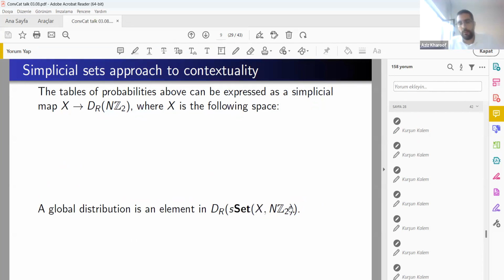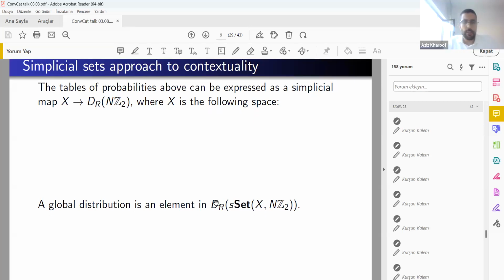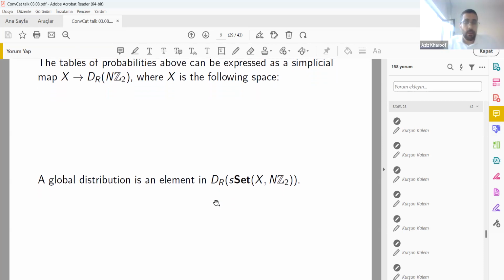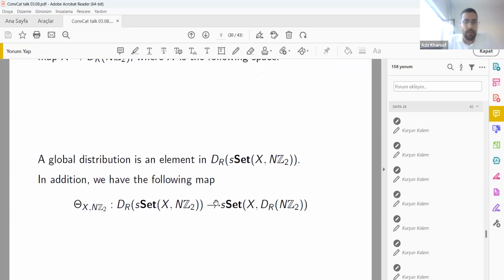All the simplicial maps from here to here are defined just by these three edges, and this is the distribution on this. And what I said is that from a global distribution, the long table, we can get all the three tables. It can be defined by a very easy map from the global distribution to the simplicial distributions, the tables.